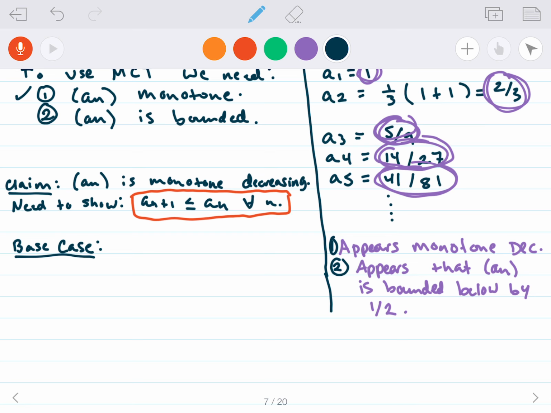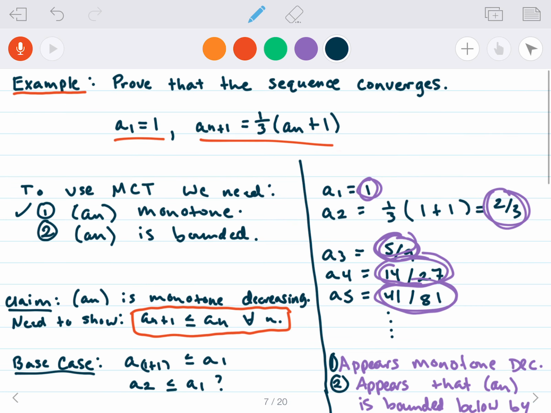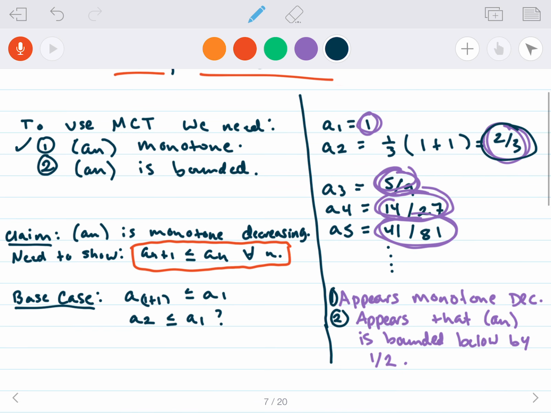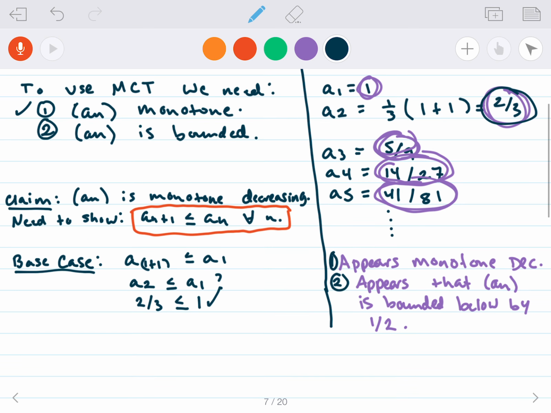And so for the base case, is it true that a sub 1 plus 1, which is a sub 2, is less than or equal to a sub 1? So is that true? Well, a sub 1 is 1, and a sub 2 is 2/3, so yeah, that's true. So 2/3 is indeed less than or equal to 1, and so the base case is shown.